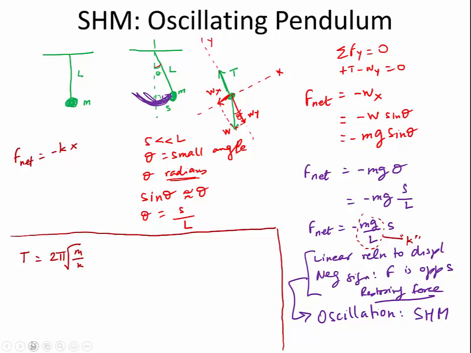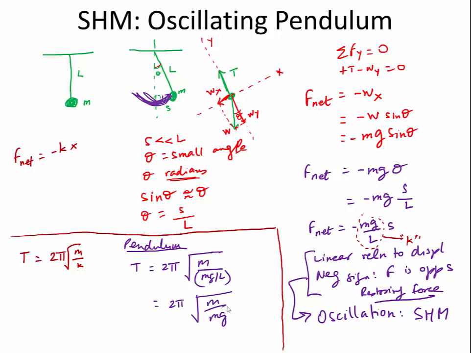And by analogy, in this case, instead of k, I'm going to use mg over L. So for a pendulum, since we've already done all the math for deriving this equation for the spring, and since we see that k looks like mg over L, instead of redoing all that algebra, I can simply do the period as that divided by k, which is mg over L. And simplifying this, you get 2 pi square root of m over mg, and the L in the denominator of the denominator ends up in the numerator, so I bring that L all the way up.